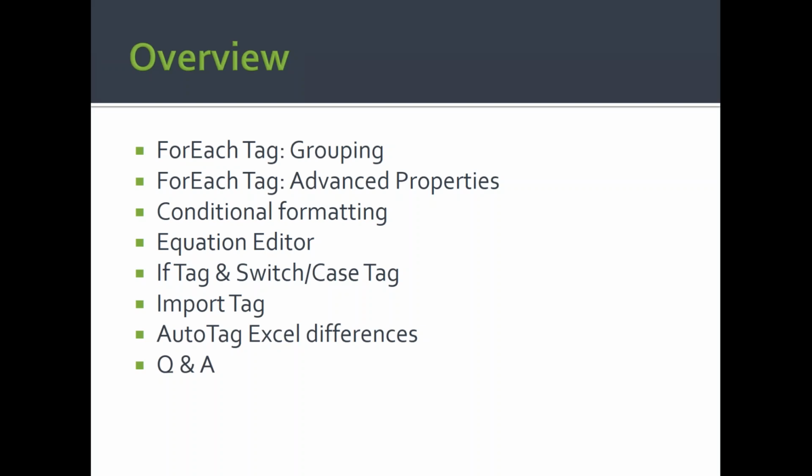We'll discuss the if and switch tags and what the differences are. I'll show you an example of the import tag. And because we have so many questions about Excel and Excel templates, we'll go over the Excel differences at the end of this webinar. Then, of course, the Q&A session at the very end.